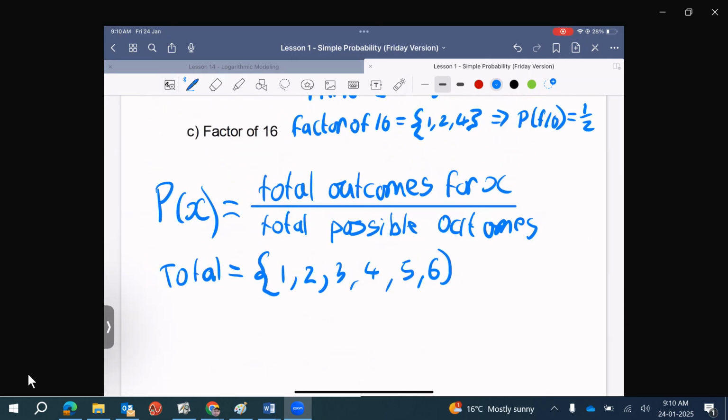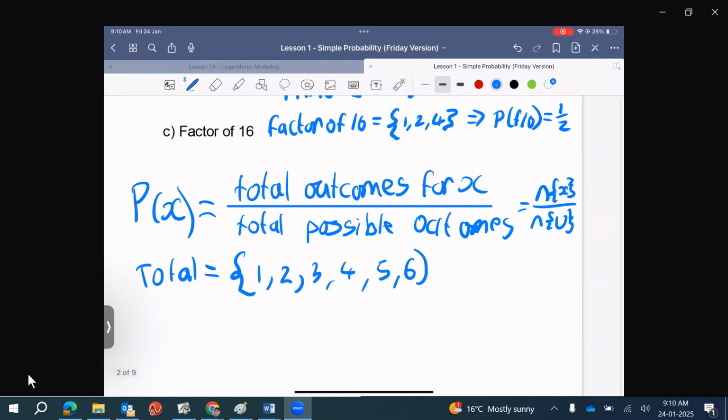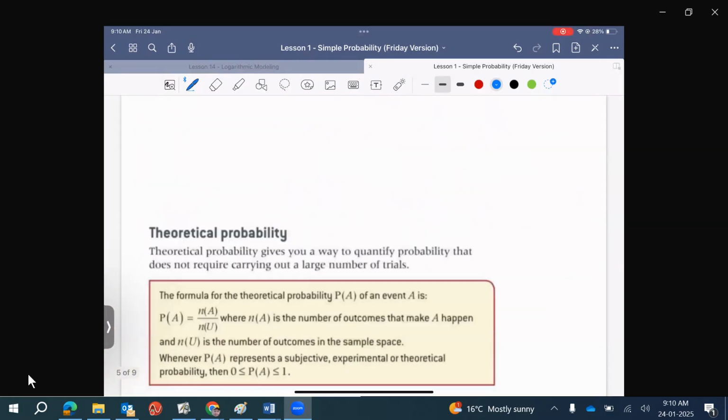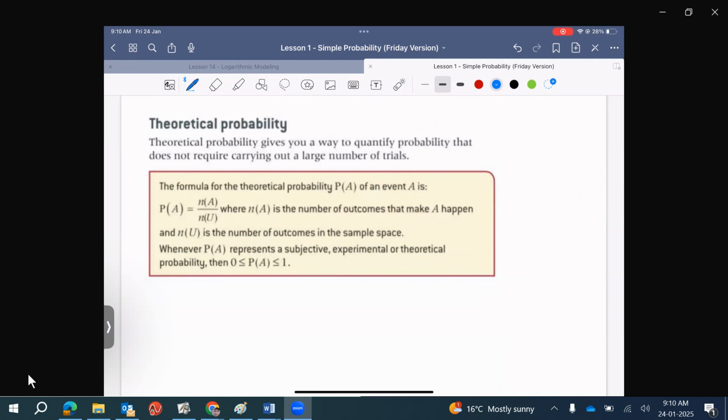This is the number of elements in set x divided by the number of elements in the universal set, which is the total sample space. This is the formula for theoretical probability, and we've seen that it can only be between 0 and 1. If you get an answer for a probability which isn't between 0 and 1, you've made a mistake.